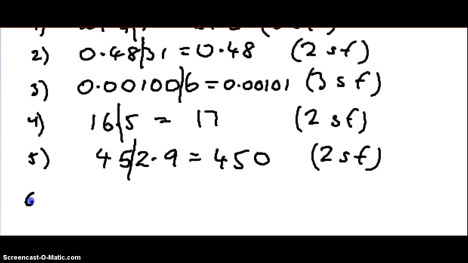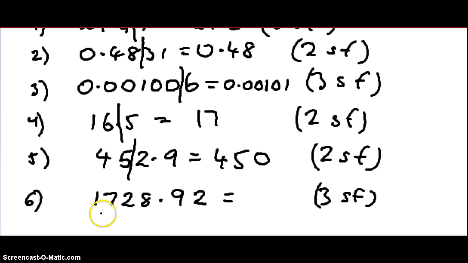Let's try another one like that. Let's say 1728.92. And let's assume I want to write this to, say, 3 significant figures. So notice the 1, the 7, the 2, they are the first 3 significant figures. So I'll put my line. And of course the 8, which comes after the line, means that the 2 becomes a 3.